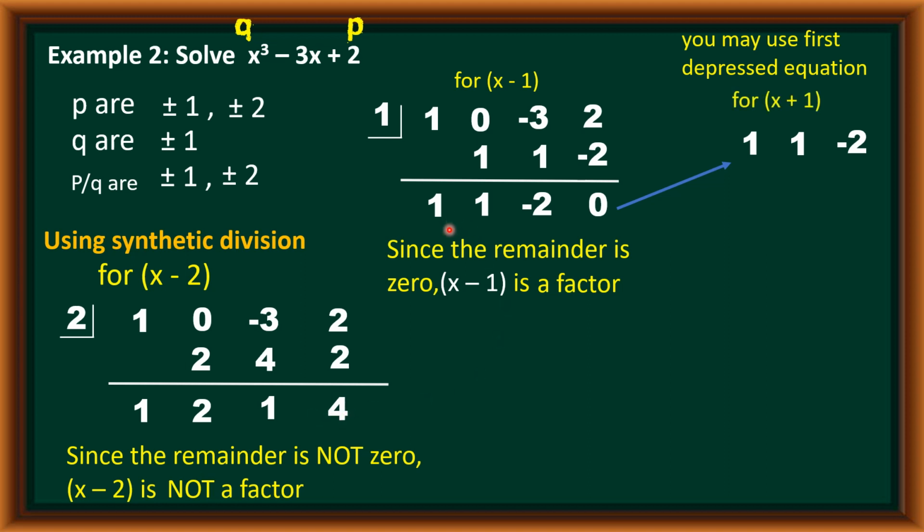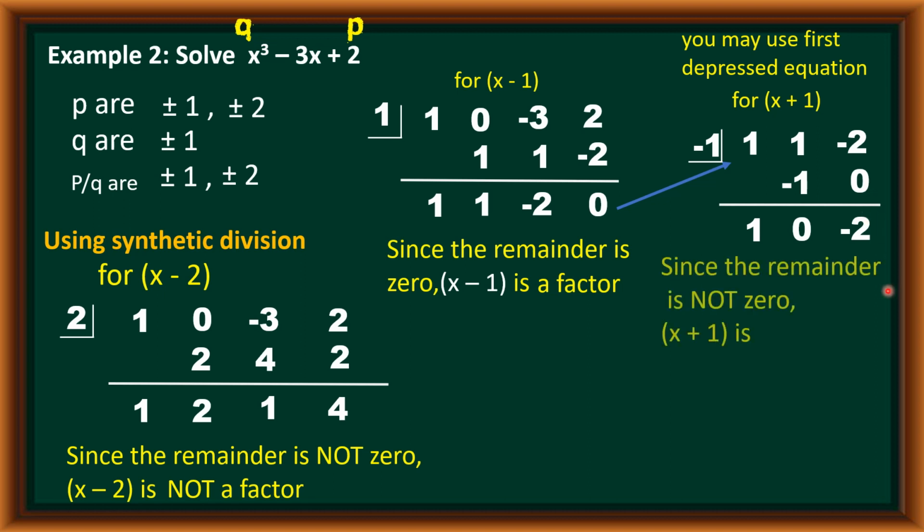So, ayan na. 1, 1, negative 2. I-try naman natin for the divisor x plus 1. So, ang ilalagay natin sa labas ay negative 1. Ayan. Mas konti na yung ating isosolve, di ba? So, bring down 1 times negative 1, negative 1. 1 minus 1 is 0. 0 times negative 1 is 0, and negative 2 times 0 is negative 2.